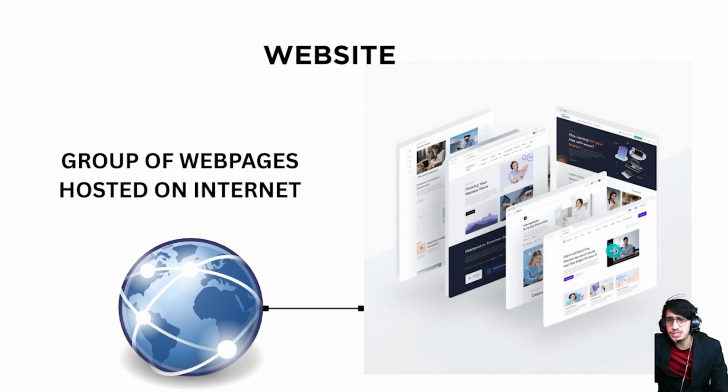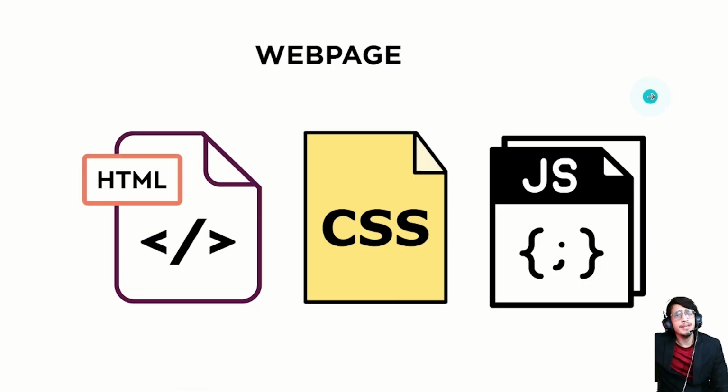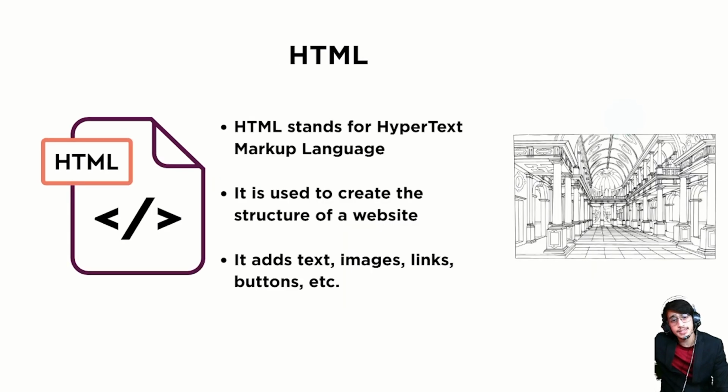If I click on something, another web page opens, and then another web page opens. You know, these chain reactions. So this is a website which consists of web pages, and one web page is made of HTML, CSS, and JS. Let's understand in short what HTML, CSS, and JS are.